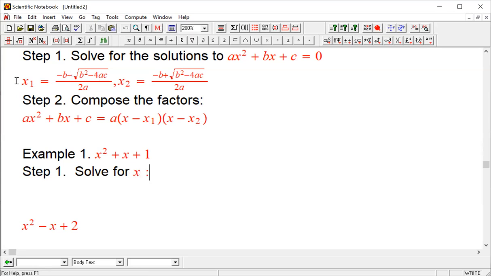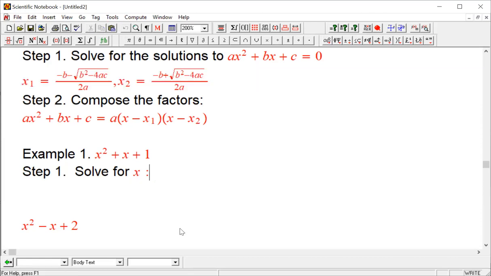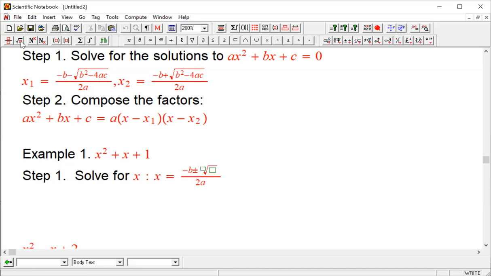We solve for x using the quadratic formula. You can write them together if you wish. So x equals negative b plus or minus the square root of b squared minus 4ac, all over 2a.